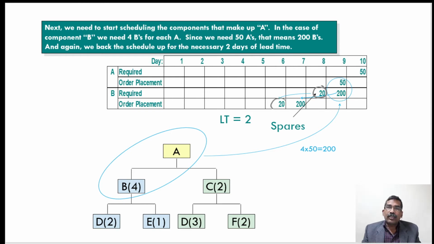So the processing of these 20 components of B is to be started in the 6th week to supply the additional 20 components during the 8th week, and this is 200 components of B. This is required for the assembly of A, but this is just like a spare part. So we can show the spare part also in the MRP.